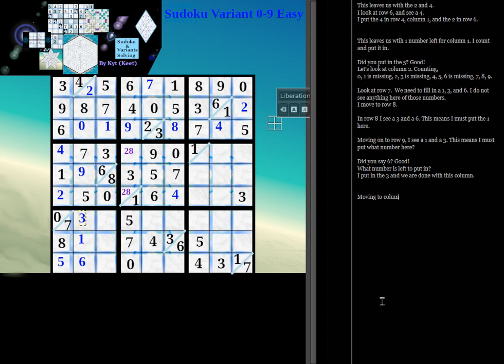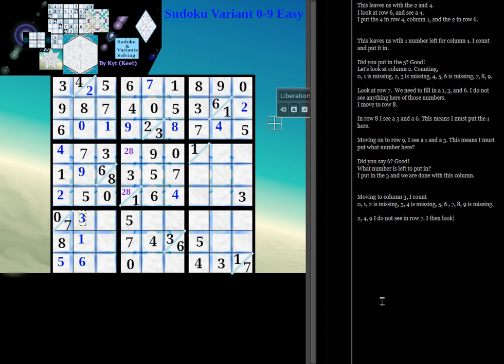Moving to column 3, I count 0, 1, 2 is missing, 3, 4 is missing, 5, 6, 7, 8, 9 is missing. Now, 2, 4, 9. I do not see in row 7.